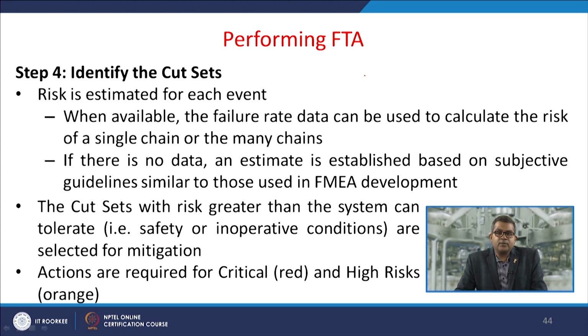Now, the cut sets with a risk greater than the system can tolerate, that is the safety or inoperative conditions, are selected for mitigation. So, actions are required for the critical, that is the red one, and the high risk, which we have already discussed with respect to the orange color.